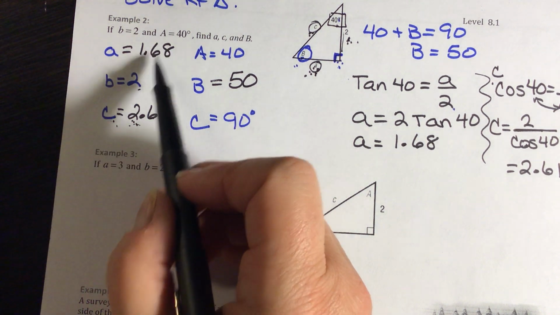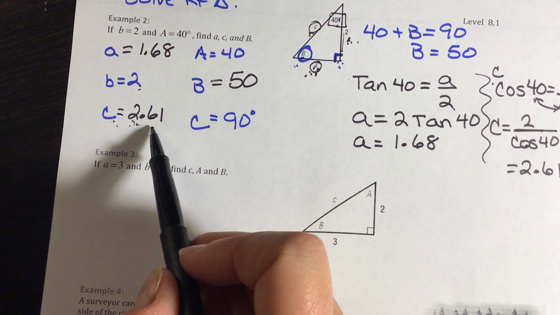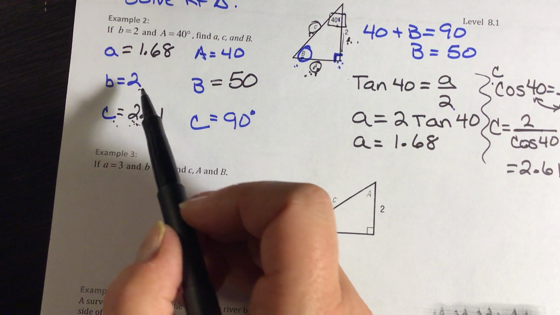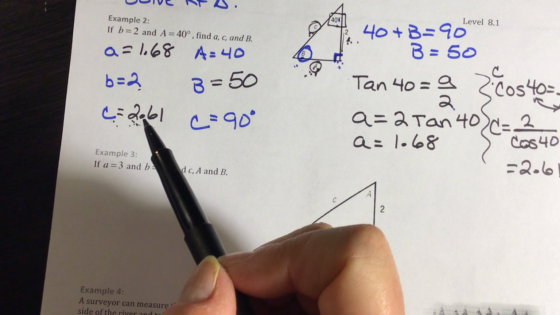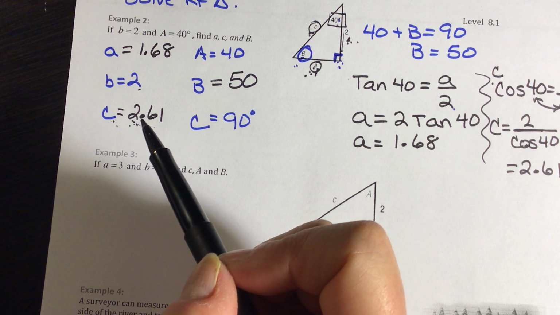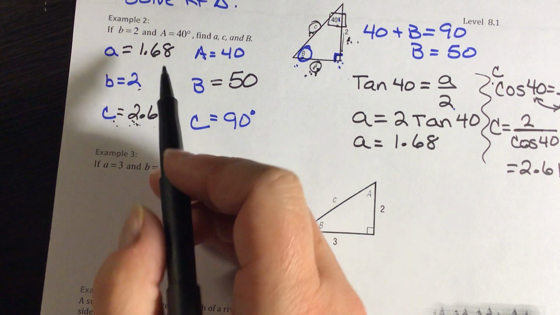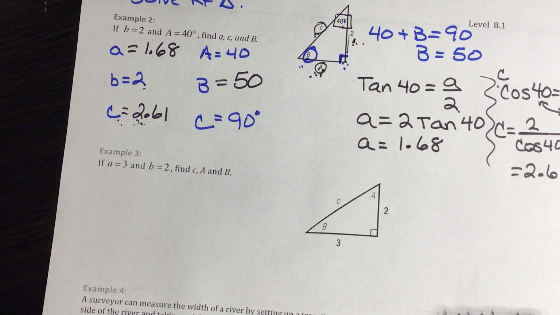All right, so you can't add these together to get more than 2.61.